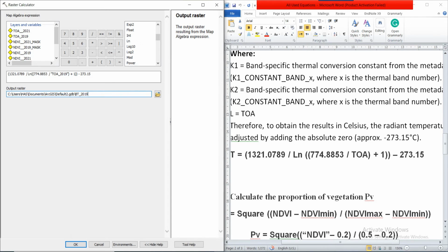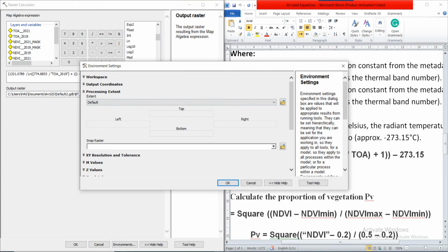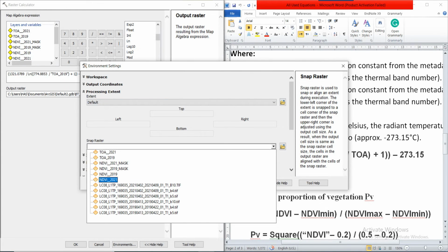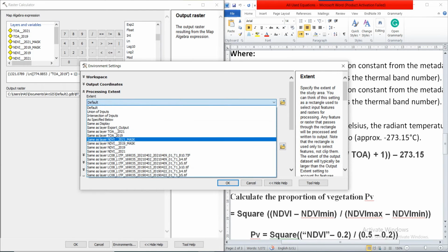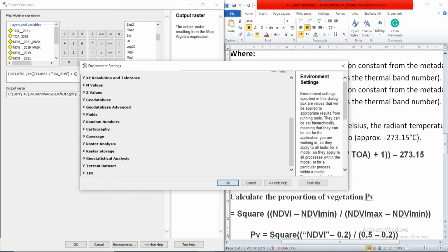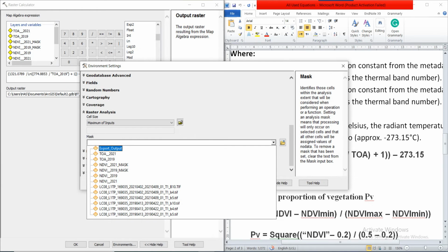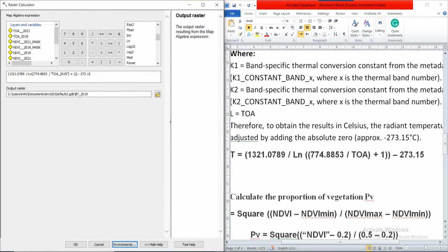So let me check it for the last time. We have the same values. Okay. So again, we're gonna use our shapefile, and by the way, you can do the entire process and after that clip the image.